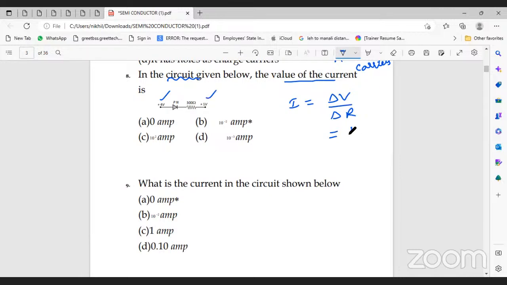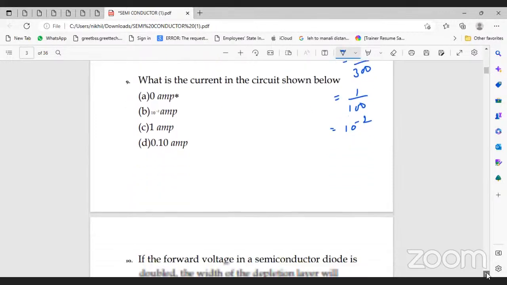So the potential drop is 4 minus 1, divided by the resistance between the two terminals, that is 300 ohm. This is nothing but 3 by 300, which is 1 by 100. 1 by 100 is nothing but 10 power minus 2. So option B is the right answer, 10 power minus 2 ampere.